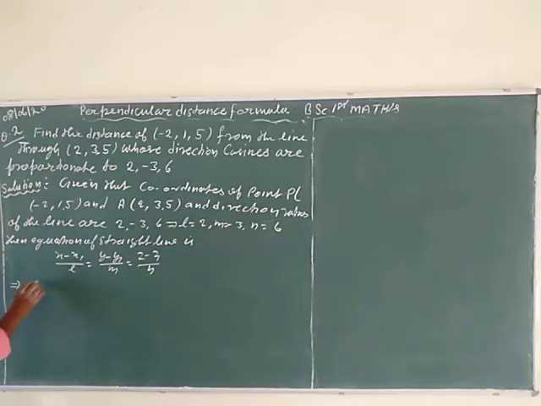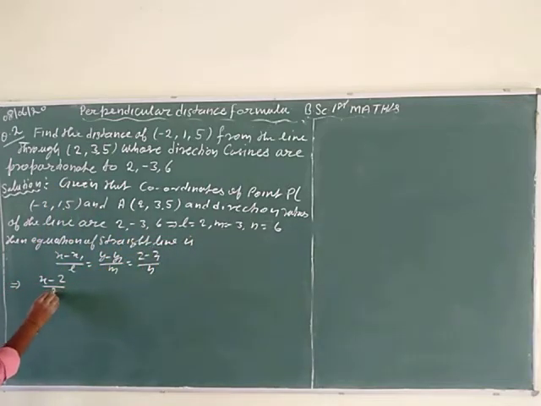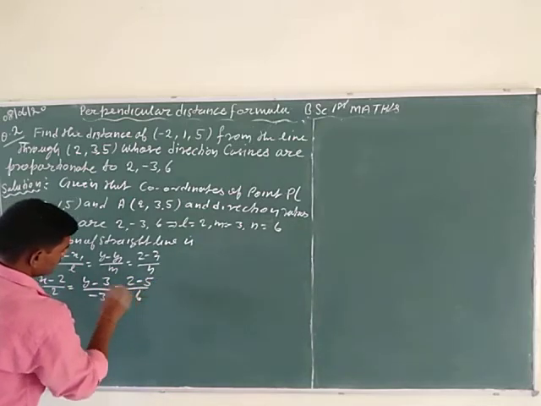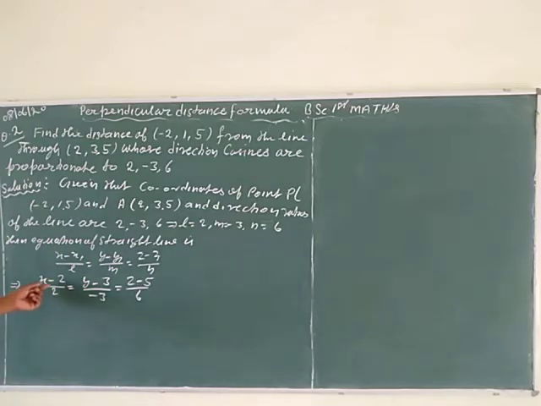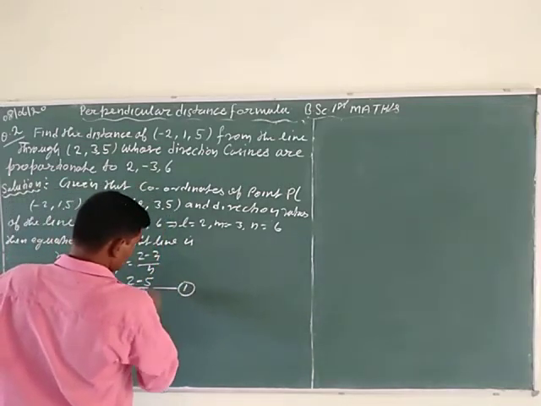Putting these values, x minus 2 by 2 is equal to y minus 3 by minus 3 is equal to z minus 5 by 6. This is the equation of the straight line, represented as the first line.